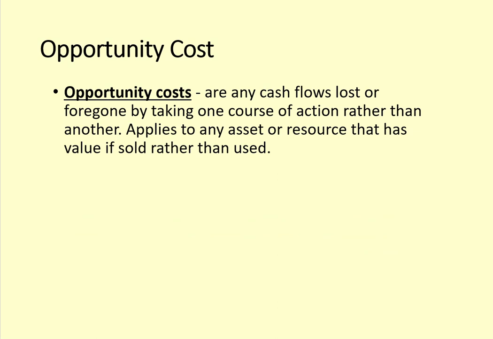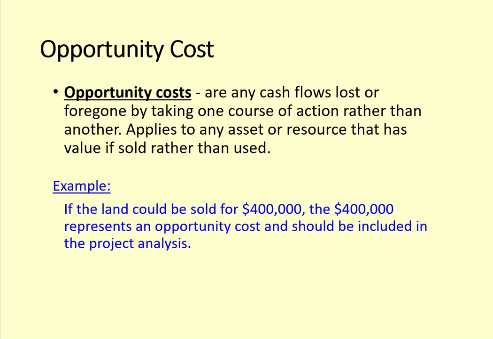Opportunity costs are cash flows that are lost or foregone by taking one course of action rather than another. And it applies to any asset or resource that has value if sold rather than used. So, for example, if we could sell the land for $400,000, that $400,000 represents an opportunity cost.